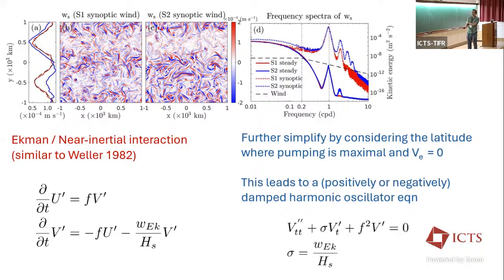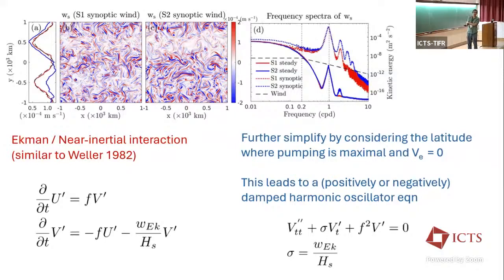So if W is negative, so downwelling, so an anticyclonic stress, I'll get a slow growth of my primes, and that's what I get.